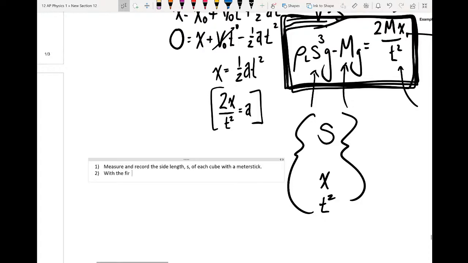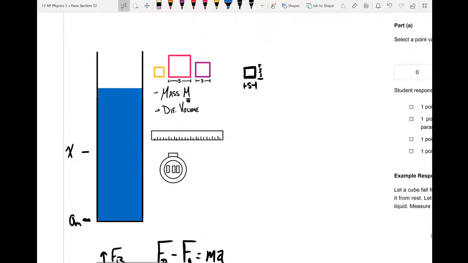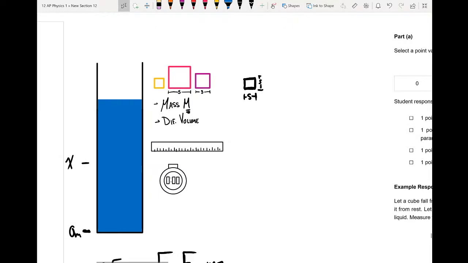And then we'll say, with the first cube, what I'm going to say when I'm doing this experiment is, because I know the density kind of changes with the volume that's submerged. Not kind of, it does change with that. So I'm going to say for my experiment, instead of dropping it in from the top, I'm going to fully submerge the cube, and then I will drop it from the fully submerged location. So I'm going to be very specific about what I want.